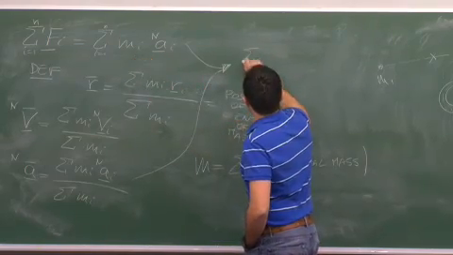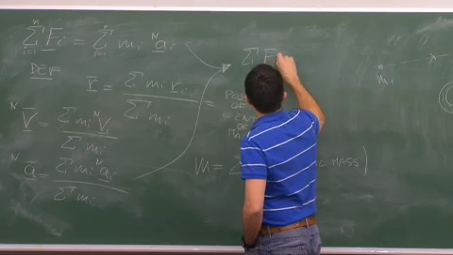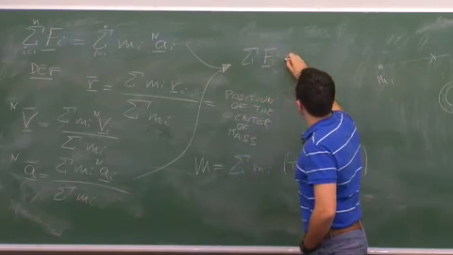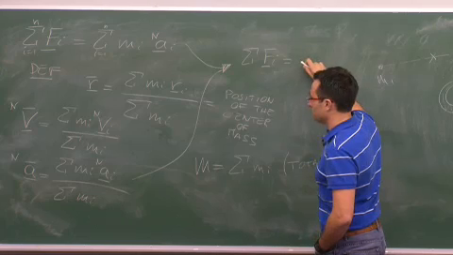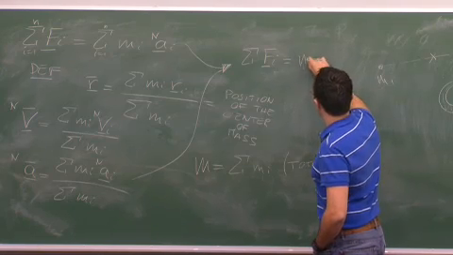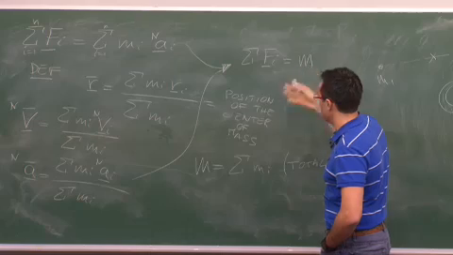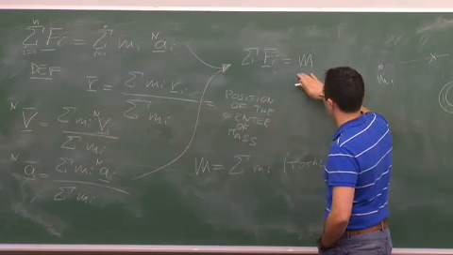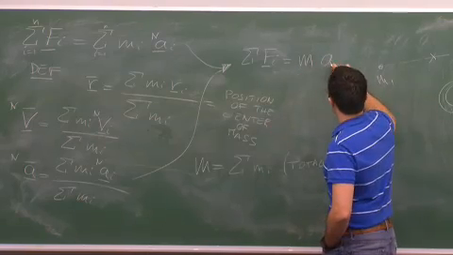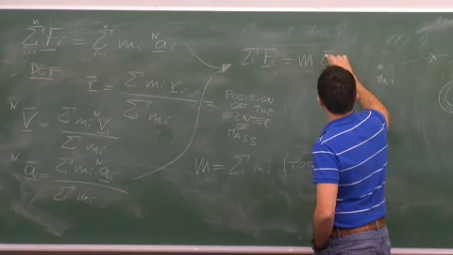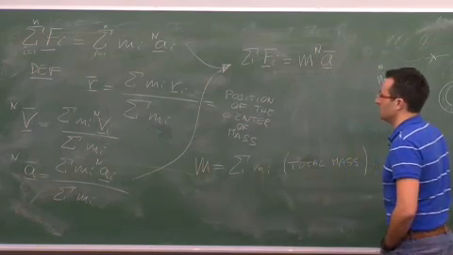You can say that the summation of all these Fi's, which remember are the external forces, is equal to, what is it equal to? Big M, I'm not calling it big M, but just M without i's, which is the summation of all the masses, A bar in N. Correct?